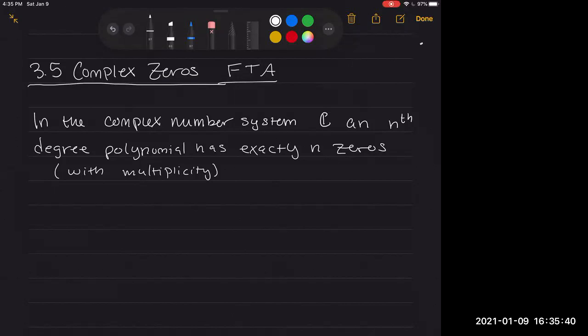All right, so first, I'm going to state the fundamental theorem of algebra. As you can imagine, since it has the word fundamental in it, this is a very important theorem for us.